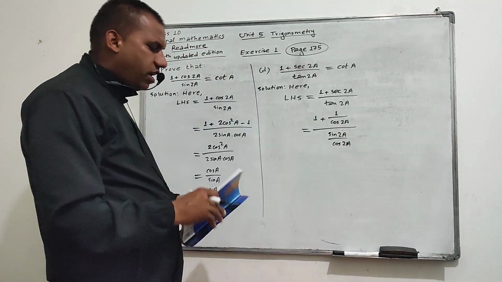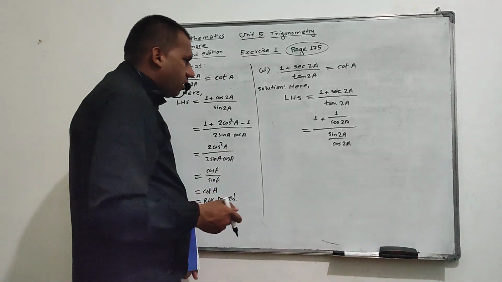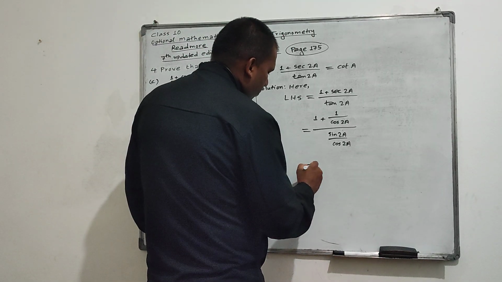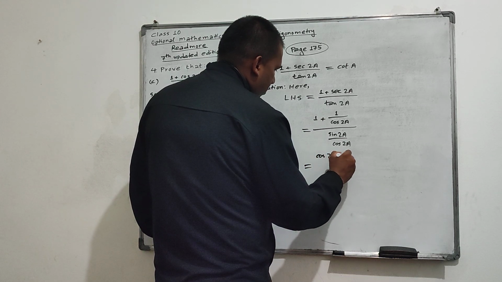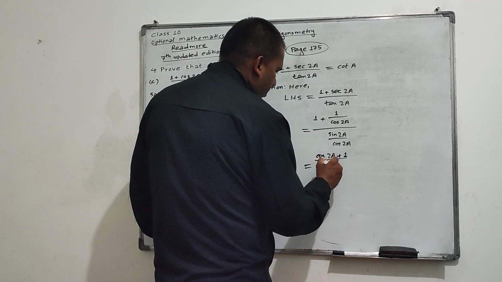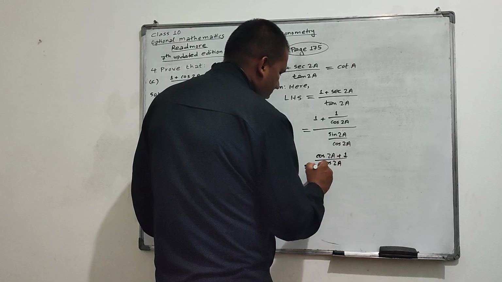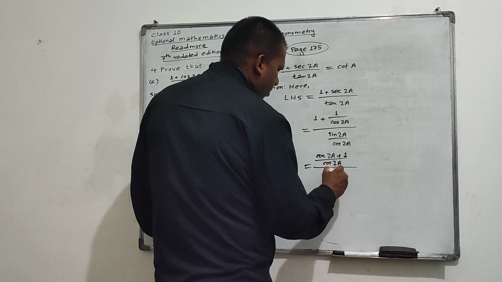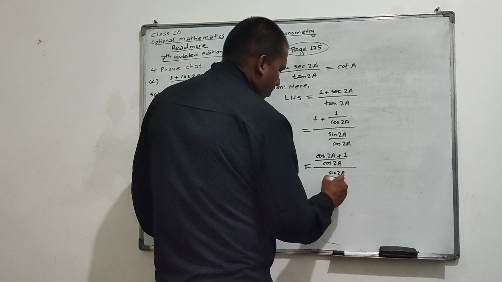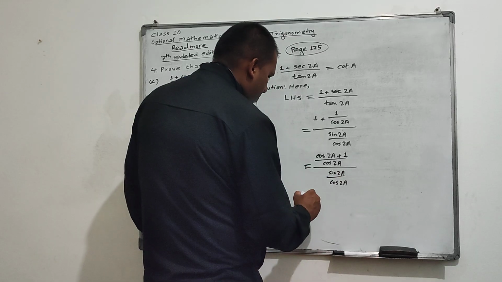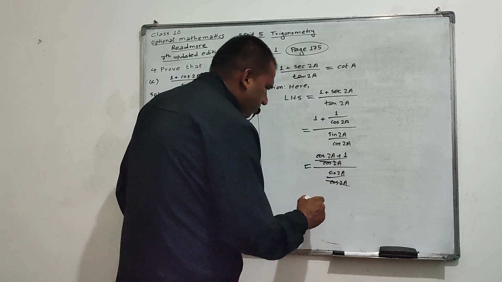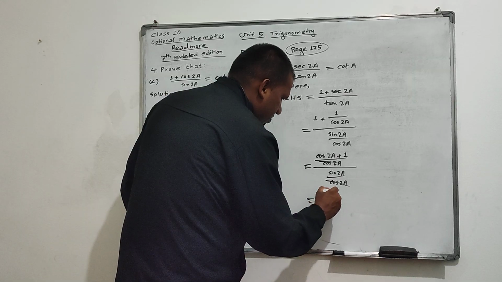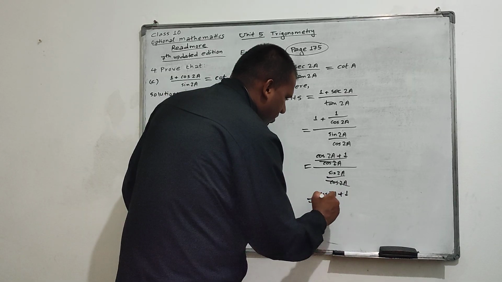Now taking LCM on the upper part, it becomes (cos 2a plus 1) by cos 2a whole upon sin 2a upon cos 2a. Now cos 2a cancels out, remaining (cos 2a plus 1) whole upon sin 2a.